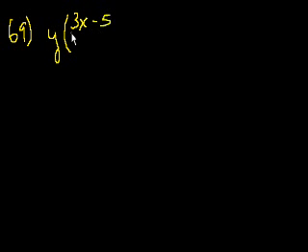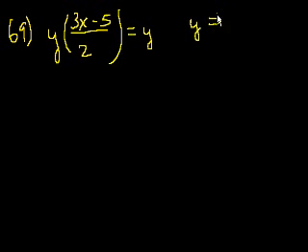Problem 69. If y times 3x minus 5 over 2 is equal to y, and y does not equal 0, then x is equal to what? Well, the simplest thing, since y doesn't equal 0, we can divide both sides of this equation by y. y divided by y is 1, y divided by y is 1.